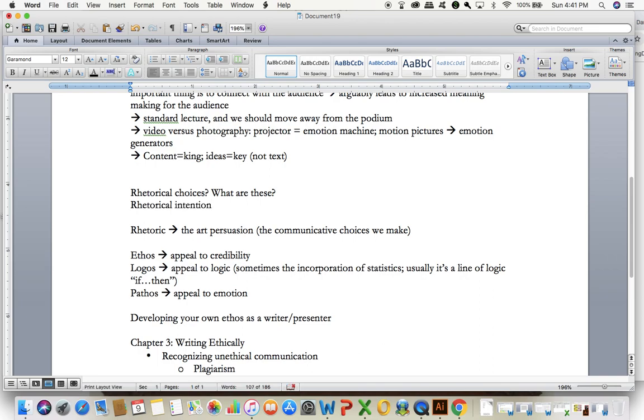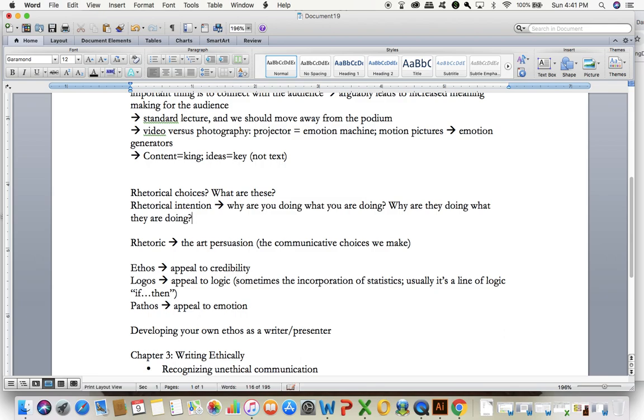The last thing I'll talk about is rhetorical intention. So why are you doing what you are doing, or why are they doing what they are doing? In the case of this week, where you're looking at that case study, when you're doing that rhetorical reflection assignment, you're being asked to say, what is it that they were doing, and what are some rhetorical concerns of that?